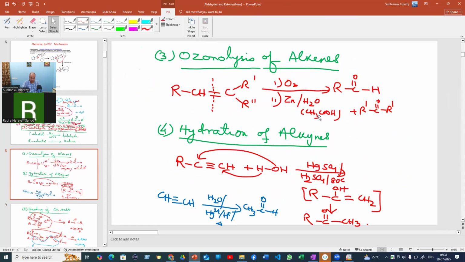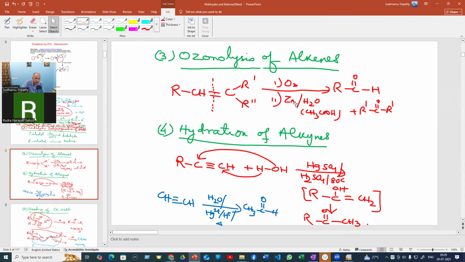And this one also is known to you. Ozonolysis of alkenes will give you a mixture of aldehyde and ketone, depending on the alkene used. I've shown you an alkene which will give you an aldehyde and one ketone, but it can be two same aldehydes, two same ketones, or one aldehyde and one ketone. But that should be reductive ozonolysis.